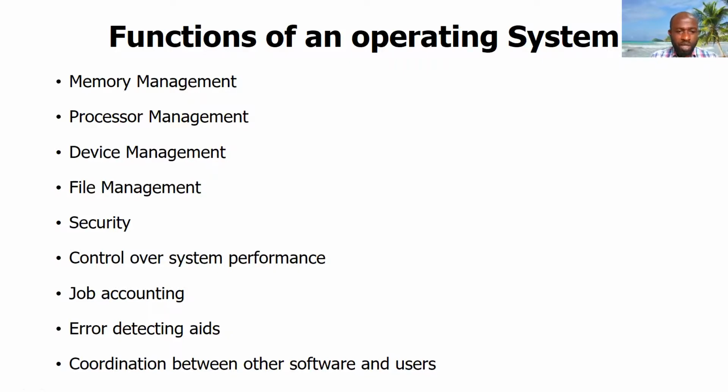File management, security management, control over system performance, job accounting, error detecting aids, and coordination between other software and the users. So these are some of the main functions of an operating system.